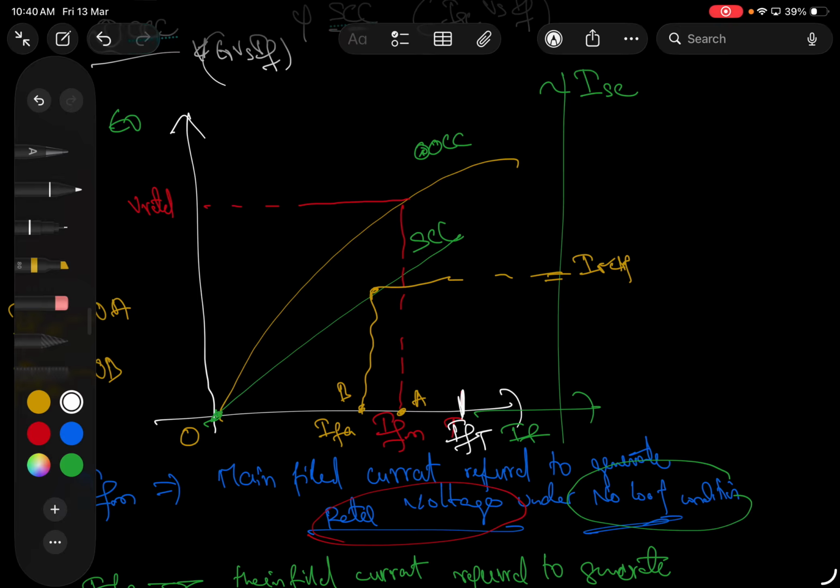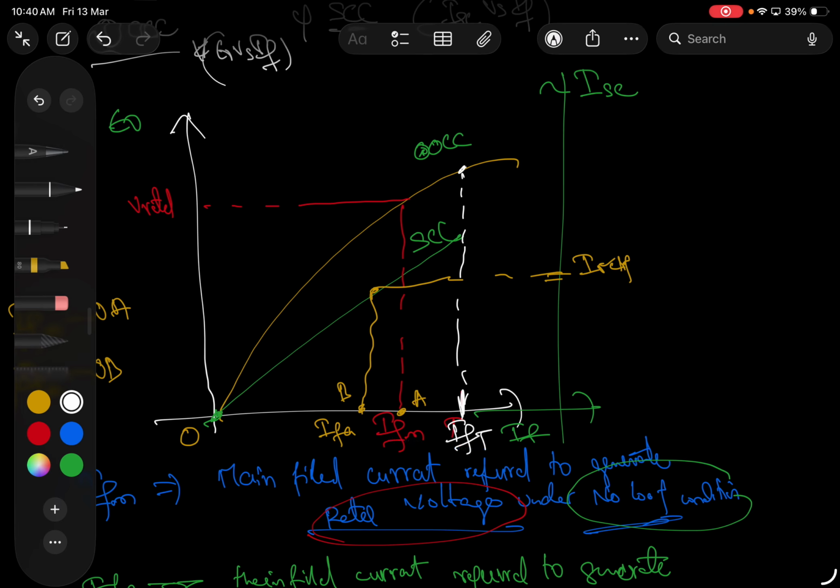I have to extrapolate. Whatever points I'm explaining, you should be in a position to write down in the exam if you get a theory question. Extrapolate IFT onto the OCC.